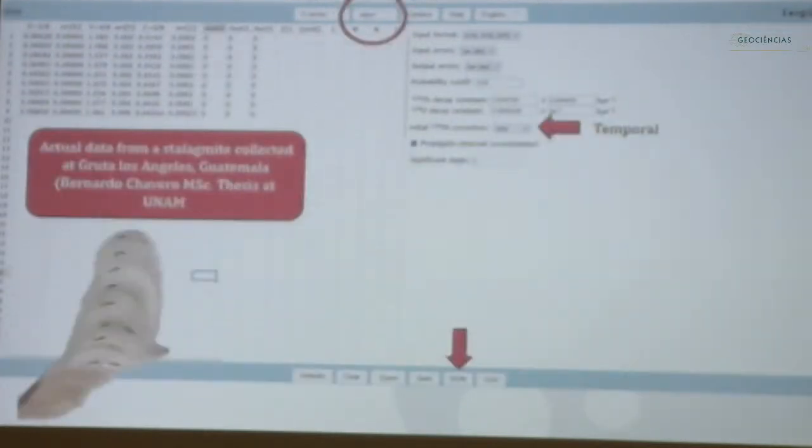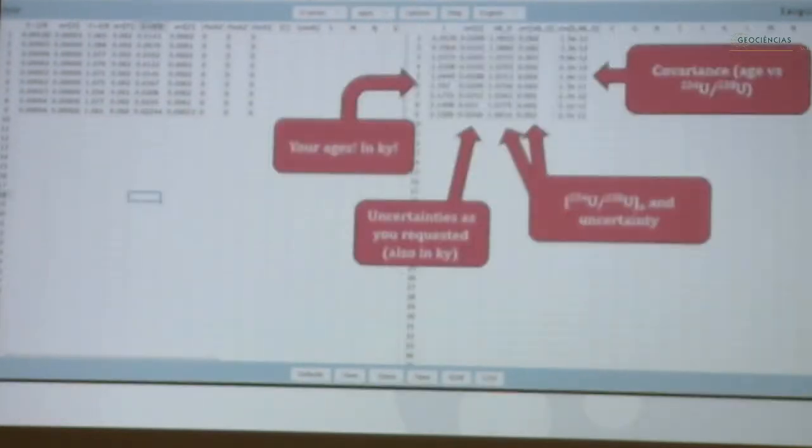And if you go to ages, this is actually data from one of my students, a stalagmite from Guatemala. You are not doing any detrital correction just yet. You just click run, and in a matter of seconds, boom, you have your ages.